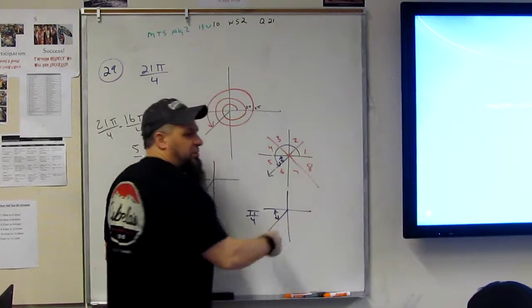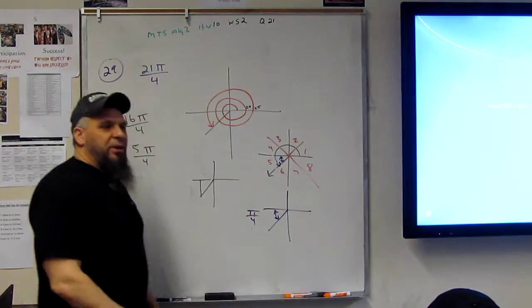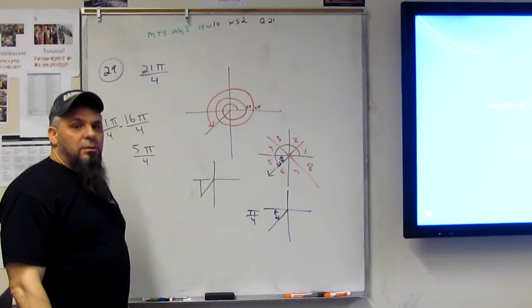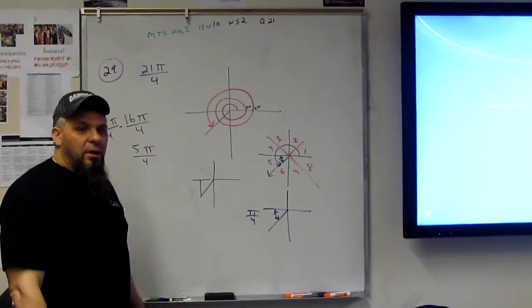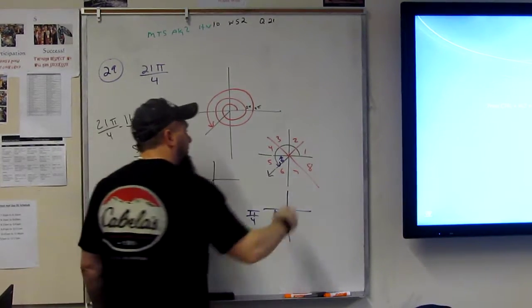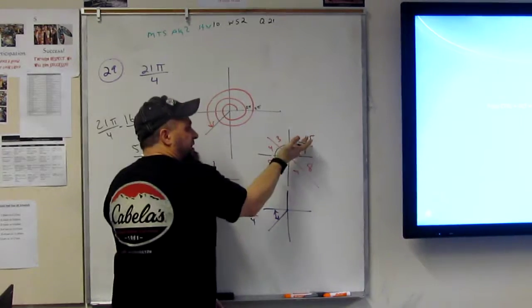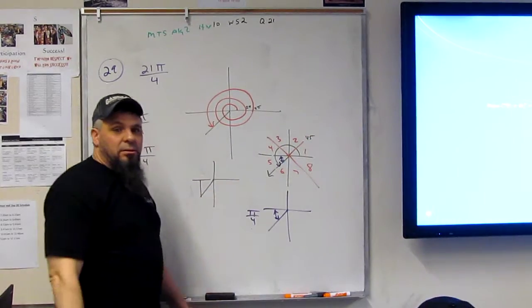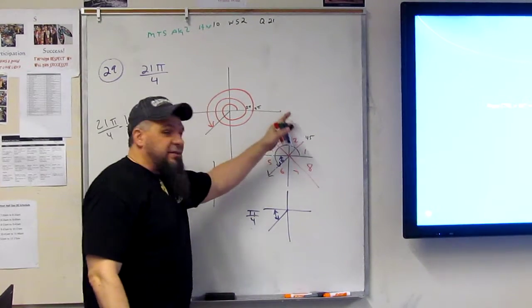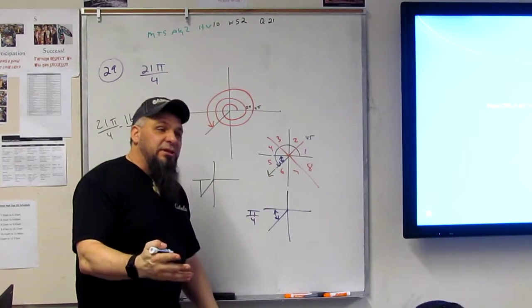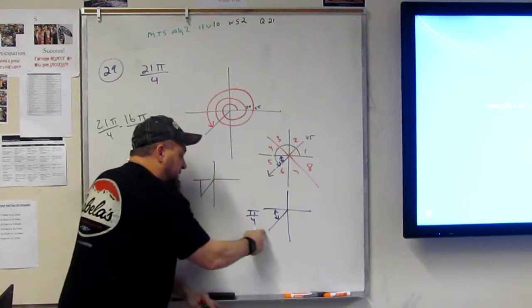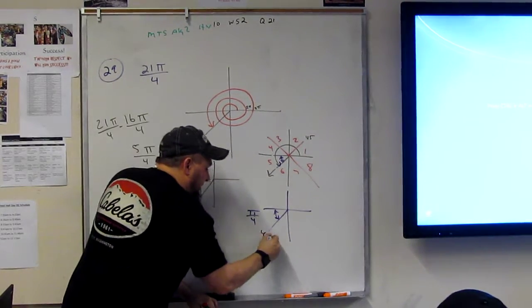What would 1 pi over 4 be? 45. Right? Because you cut that in half, right? You cut 90 in half. Right? There's 2 pieces to 90 degrees. 2 pieces to 90 degrees mean 45 and 45, right? So how much is this? This is 45 also, right?